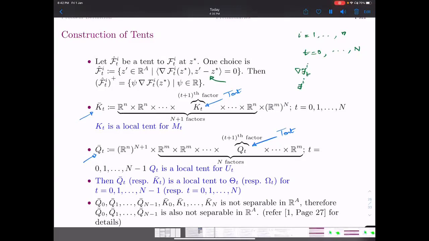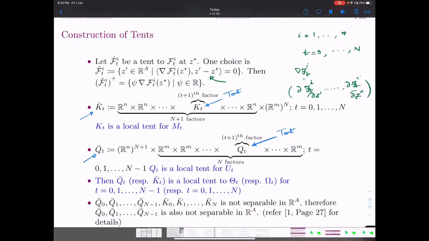So you have F1 by Z1 and so on till Fit by Zn, right?